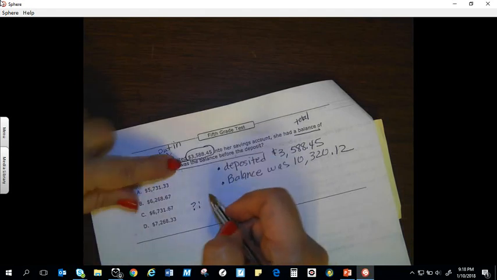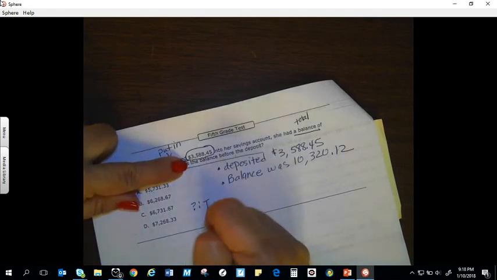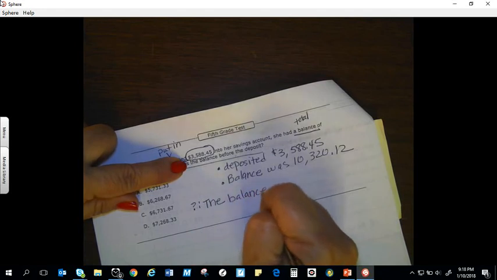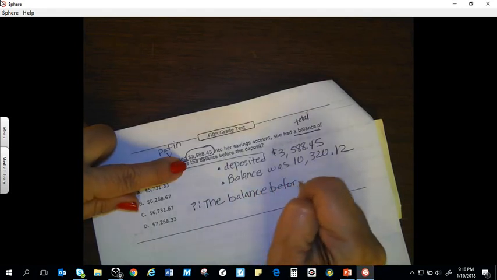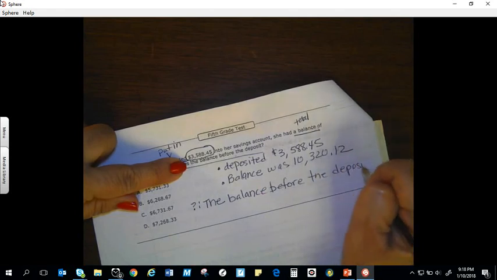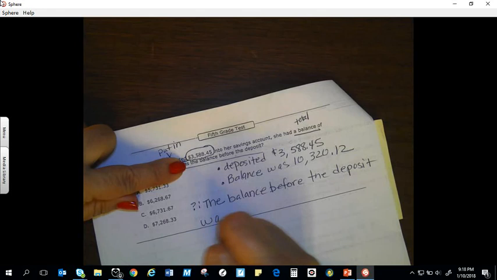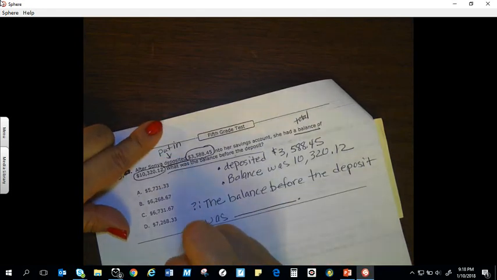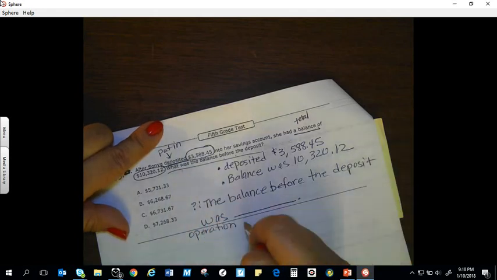I'm going to use part of my sentence and put, the balance before the deposit was blank. Okay, so my operation that I'm going to be using is subtraction.